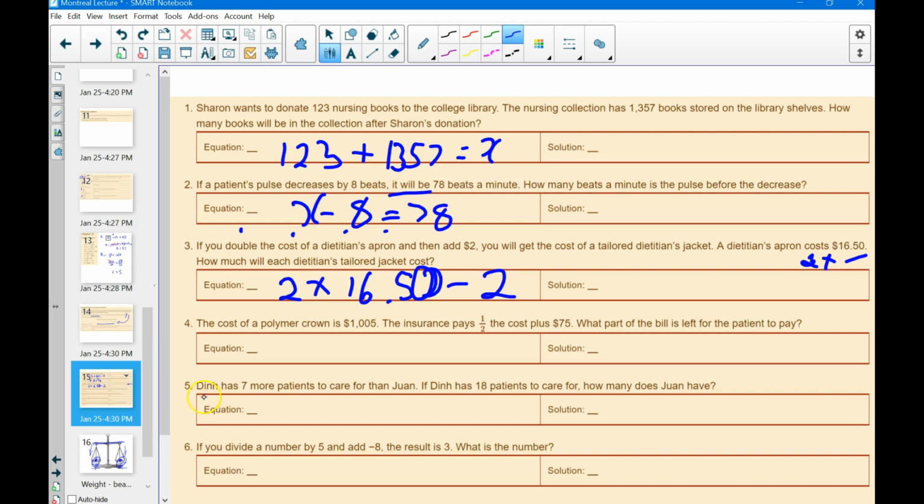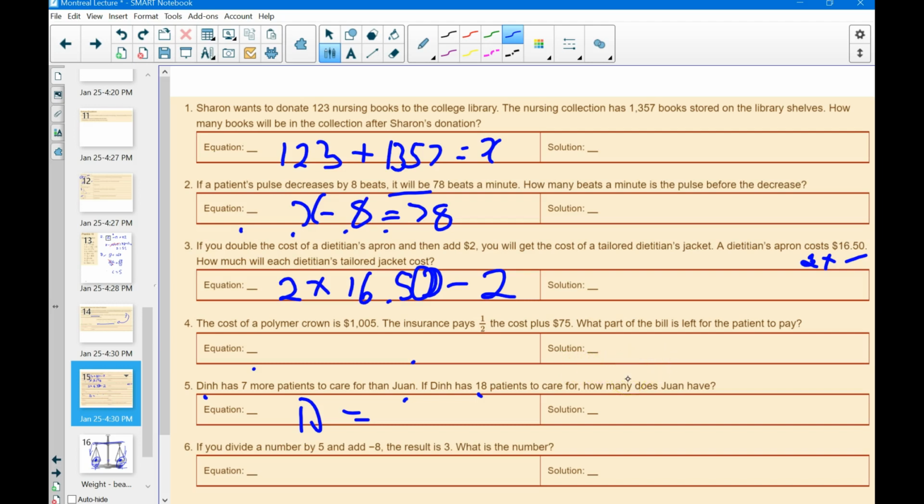This person here has 7 more patients than Juan. If he has 18 patients, how many does Juan have? So Din has 7 more patients than Juan.